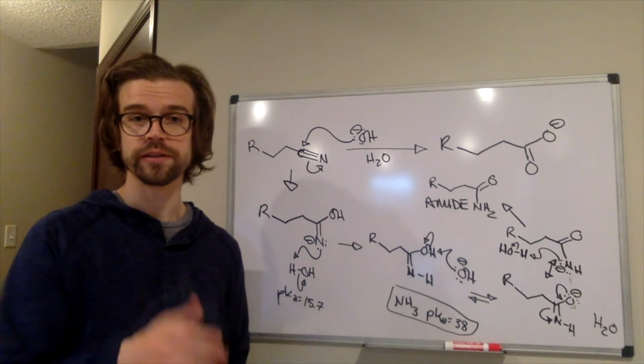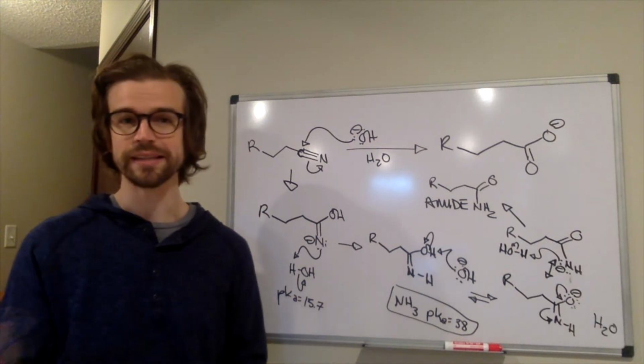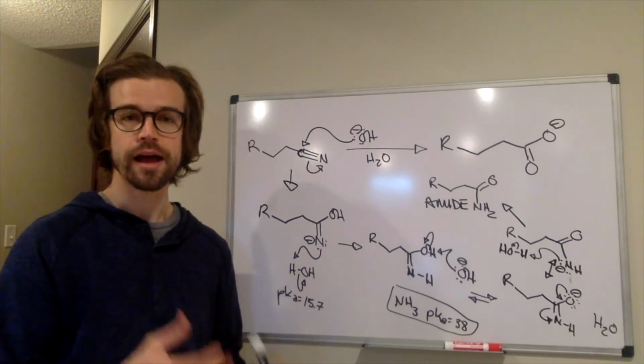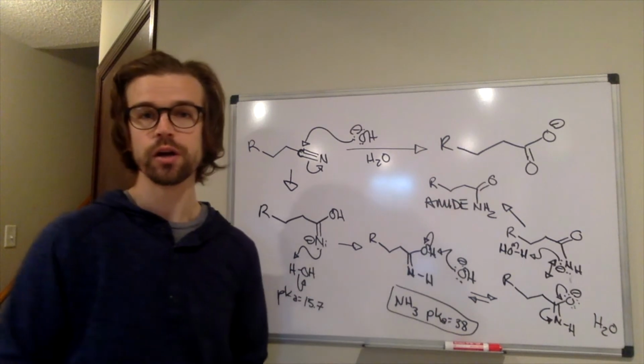We learned previously earlier in the chapter that amides under basic conditions will hydrolyze, given enough time, given enough excess base and water around. They will hydrolyze to the carboxylate.